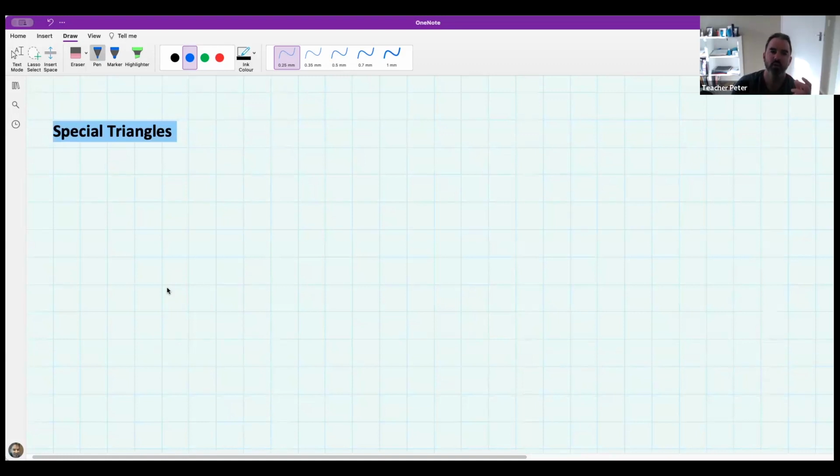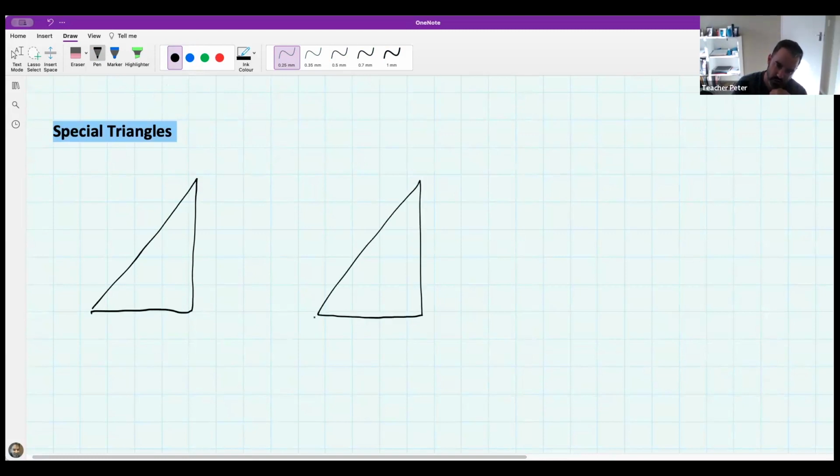But in order to do the next examples, we need access to something called special triangles. And that's what we're going to do just before our break. So there are 2 very important special triangles. The one special triangle comes from chopping up a square, basically, and it has 45 and 45 in it.